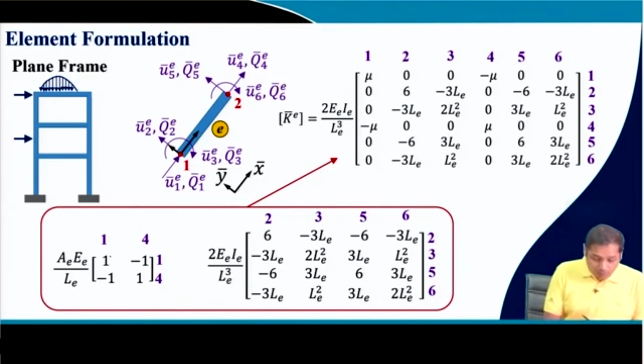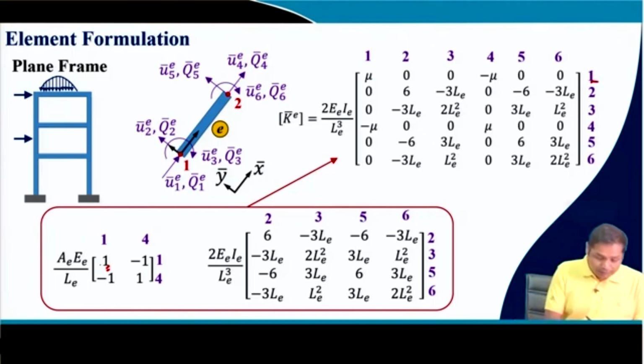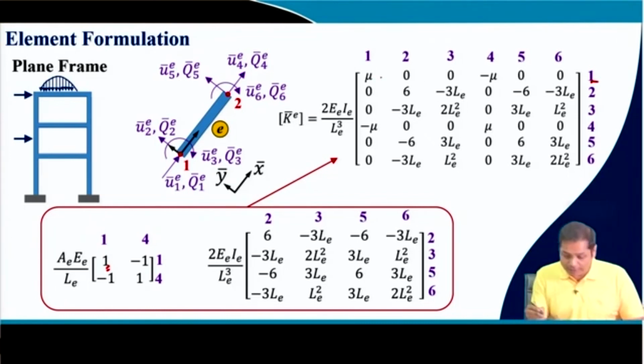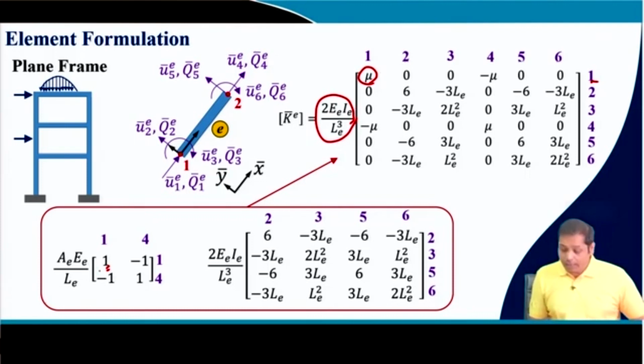So 1,1 is AE by L, written as mu because we have taken this as common. Then 2,2 is 6, with this portion as common, 2,5 is minus 6, and 6,6 is 2L square.